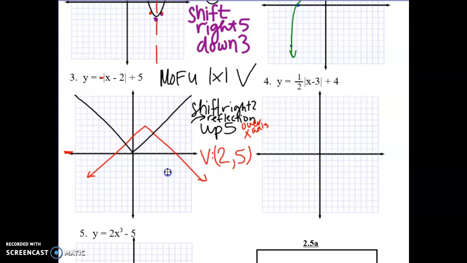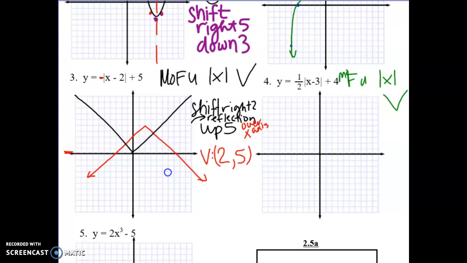Now, this next one, I see mother function again, so my MOFU is absolute value of x. So that looks like this. Now, in the actual mother function, it goes up 1, right 1, up 1, right 1, or up 1, left 1, up 1, left 1. Well, this one, we've got several things happening.